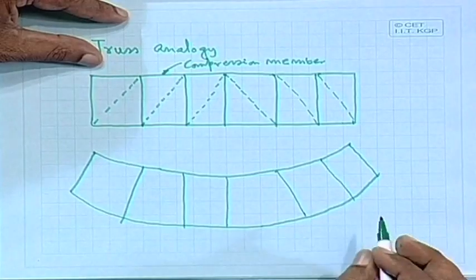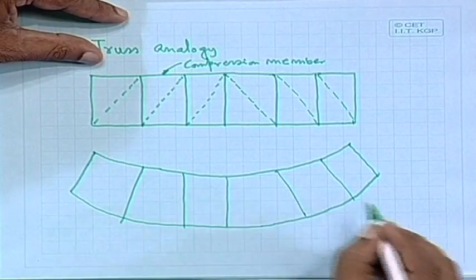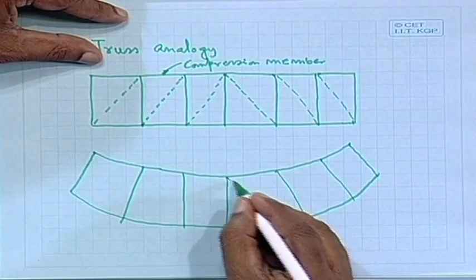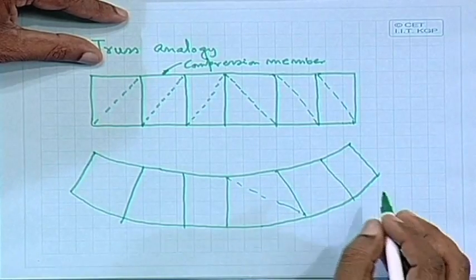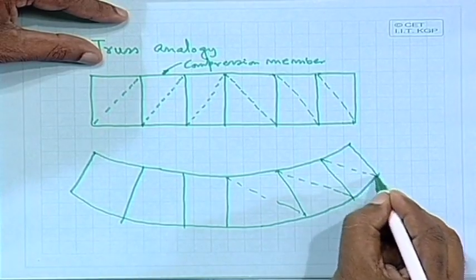The members which will be extended, those are tensile members, and the members which will be shortened, those are compression members.